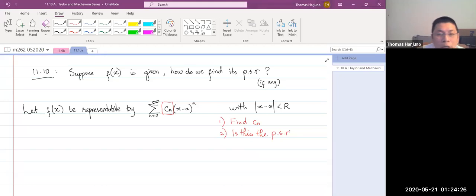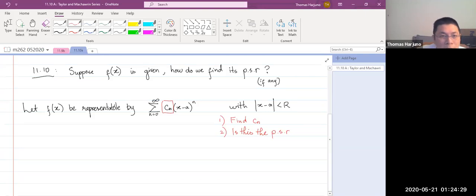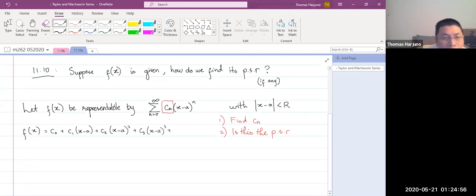Now, here's what I will do. First, we will find the c_n. If I write that f(x) can be represented by c0 plus c1 (x minus a) plus c2 (x minus a) squared plus c3 (x minus a) cubed, and c4 (x minus a) to the power of 4, and so on and so forth.